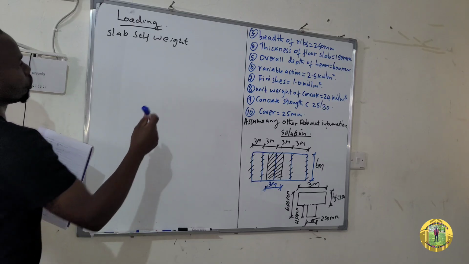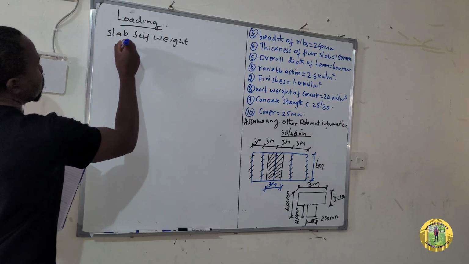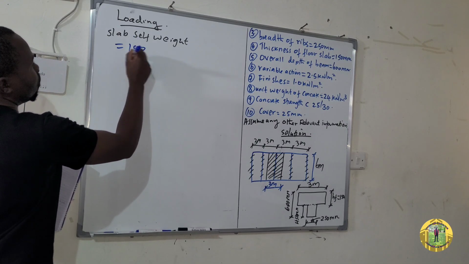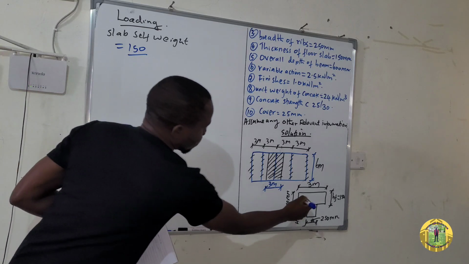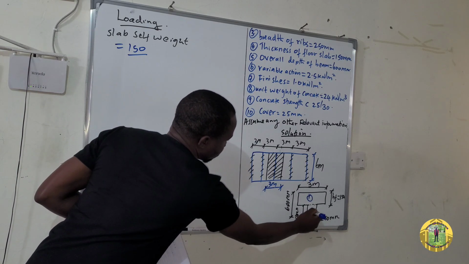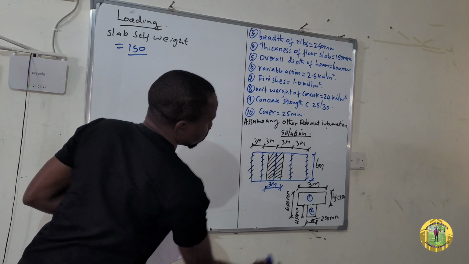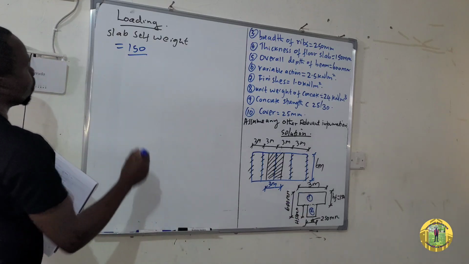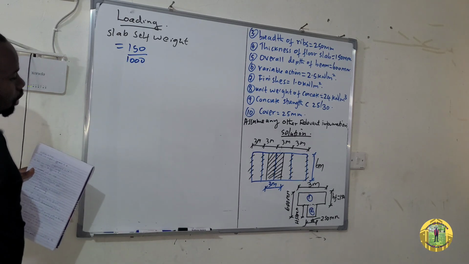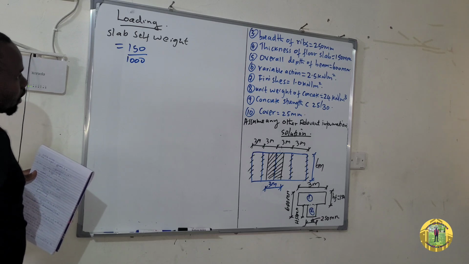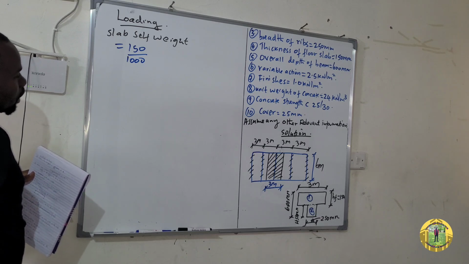So this one is equal to 150, this is the thickness of the slab. As you can see, number one is the slab. Number two is the beam. So 150 over 1,000. Convert this 150 into meters. Therefore, divide it by 1,000.